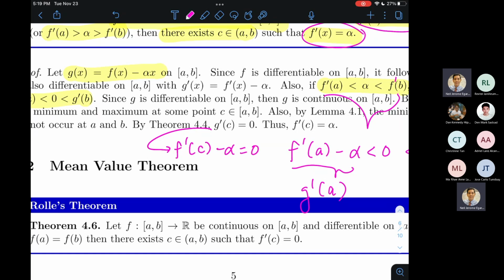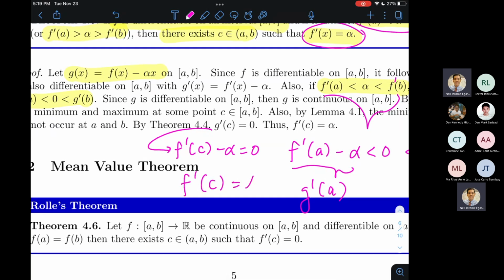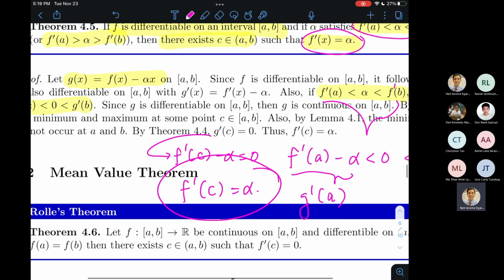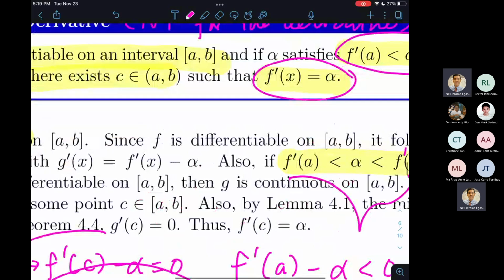And then we add alpha to both sides to get f prime of C equal to alpha as desired. Nakakita na tayo ng number na C sa pagitan ni AB, or actually hindi lang nasa pagitan, strictly nasa pagitan ni A at saka ni B, such that f prime of C is equal to alpha. And again, there's another typo here, dapat ito ay C.